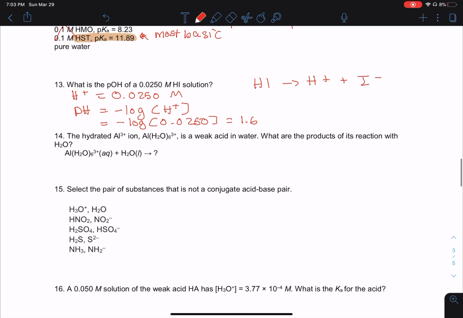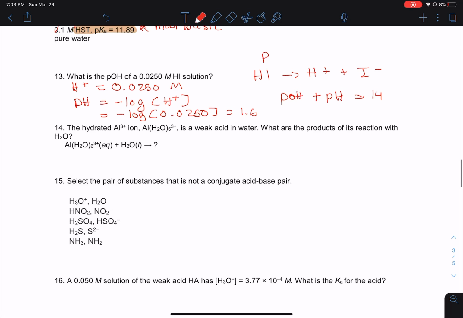Another way to think about that is since we figured out the pH right now, we know that pOH plus pH is equal to 14. To figure out pOH, it's the negative log of the base.